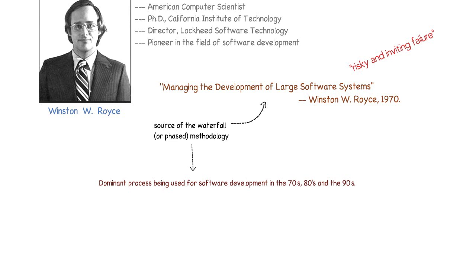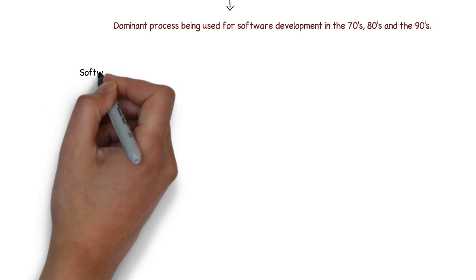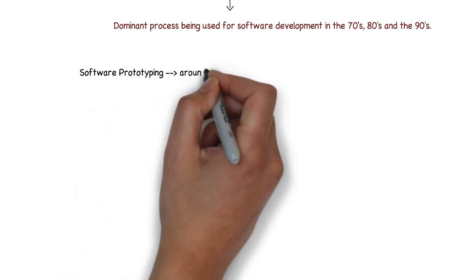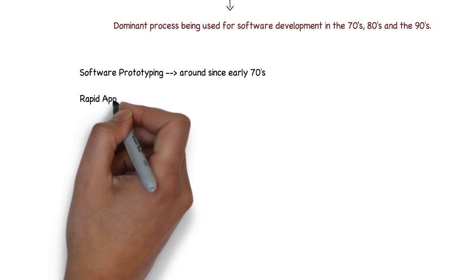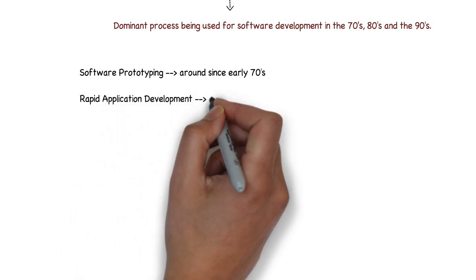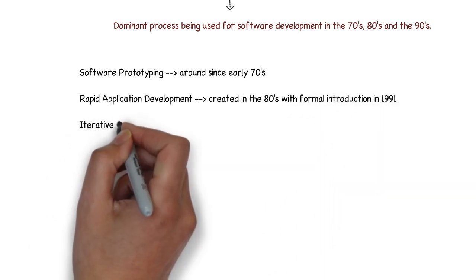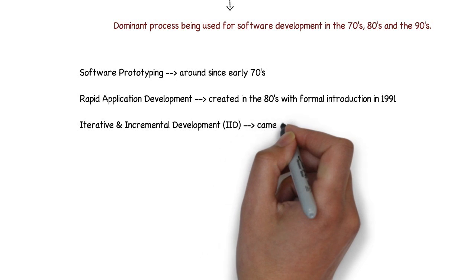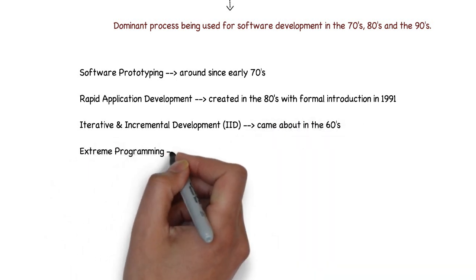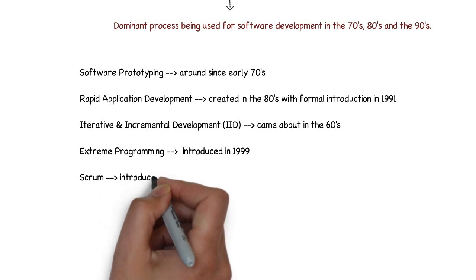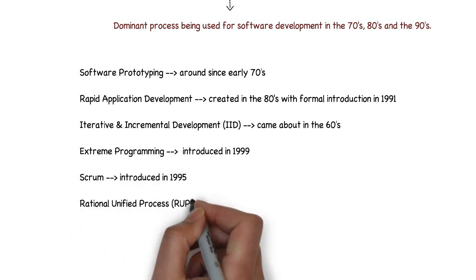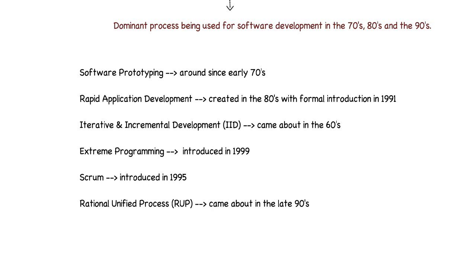Several other processes did exist during this period, such as software prototyping, which was around from the early 70s, rapid application development, which was created in the 80s with formal introduction in 1991, iterative and incremental development, IID, which came about in the 60s, extreme programming, which was introduced in 1999, Scrum, which was introduced in 1995, Rational Unified Process, RUP, which came about in the late 90s, etc.